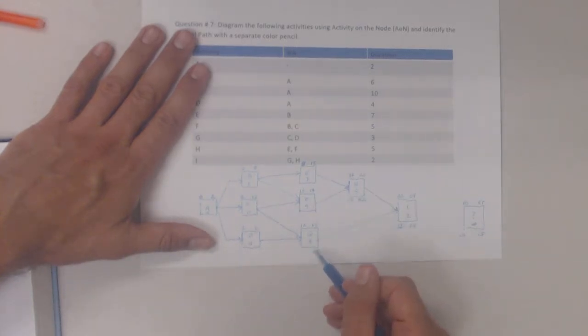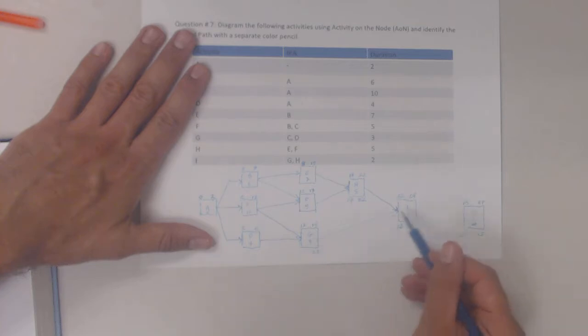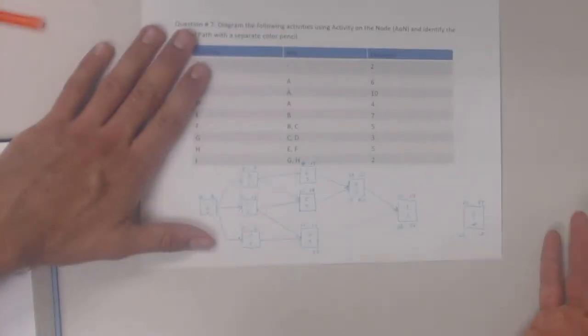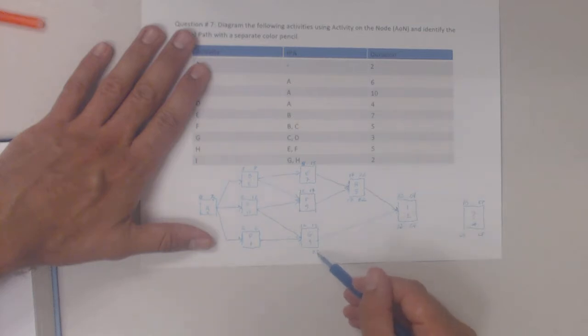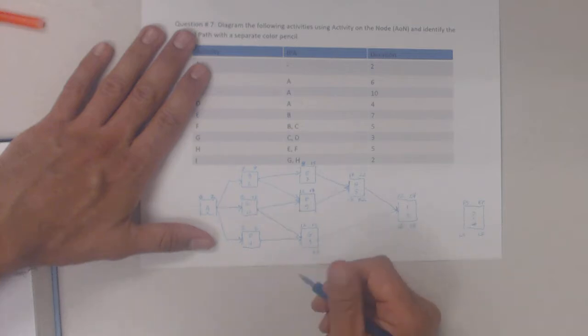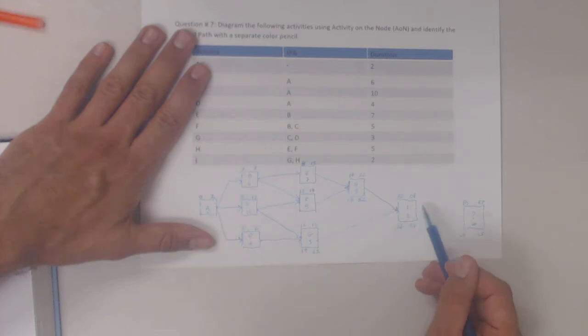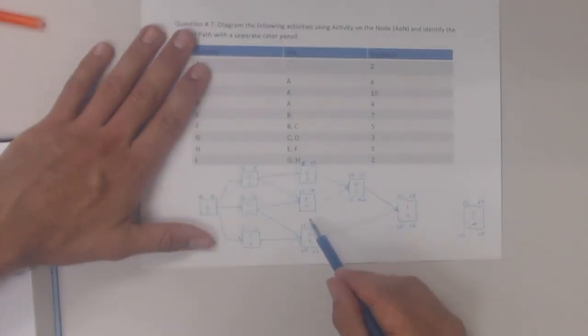Latest that can finish is day 22. If I finish on day 23, for example, then I push activity I out another day. So the latest I can finish activity G is day 22. I subtract the 3-day duration from that 22, and that gives me the late start. So I could theoretically start activity G on day 19, finish it on day 22, and not delay the overall project duration at all. So work our way to F.